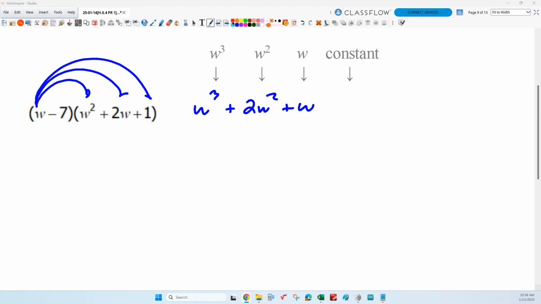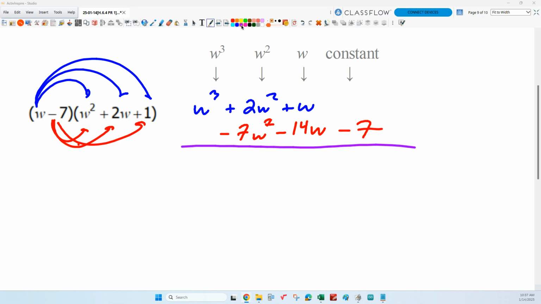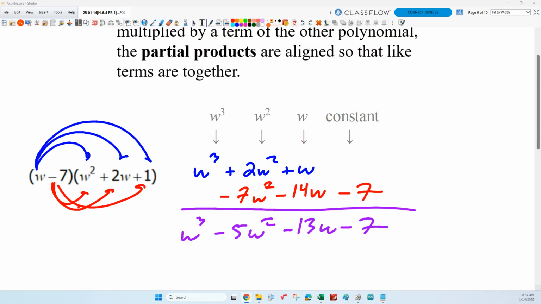If I distribute the -7, remember I distribute the negative, so what do I get? -7, good. And everything's lined up vertically, so it's easy to add everything up. Okay, nothing so magical, but it's kind of a handy thing.